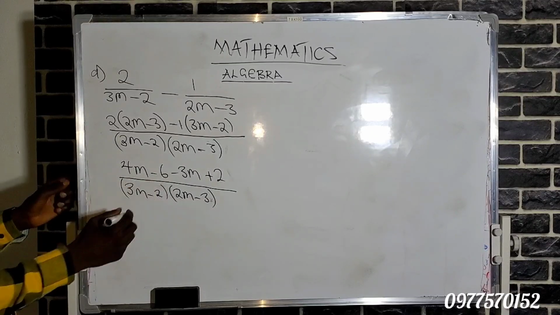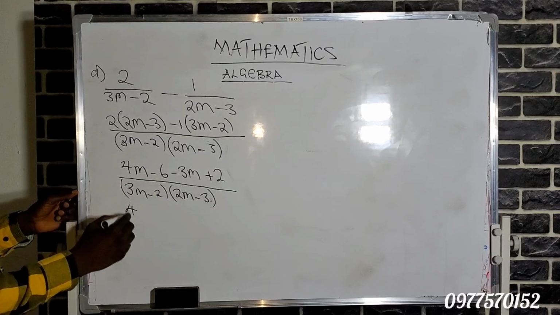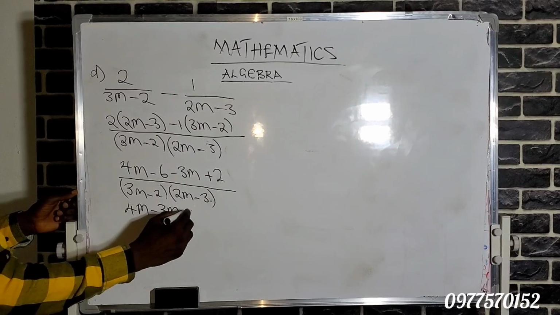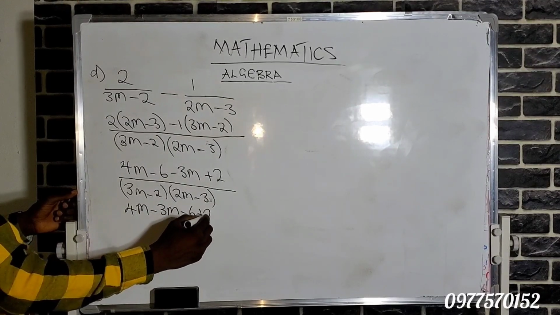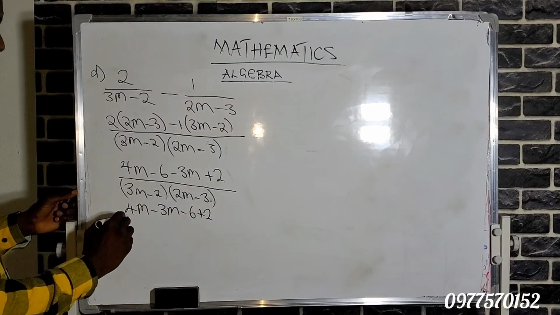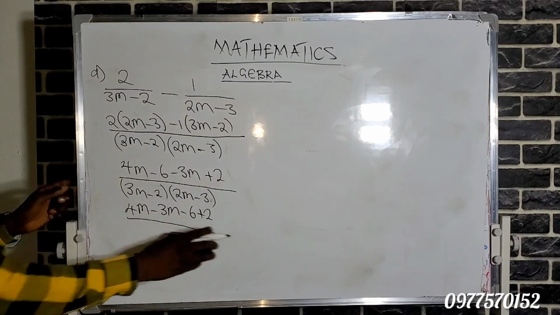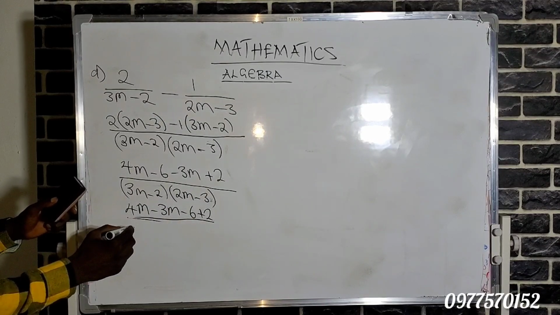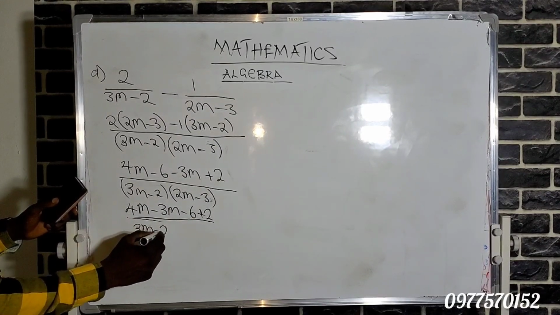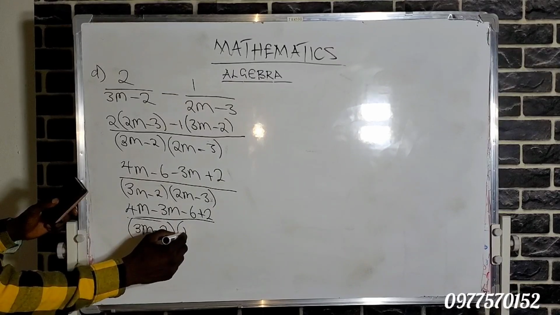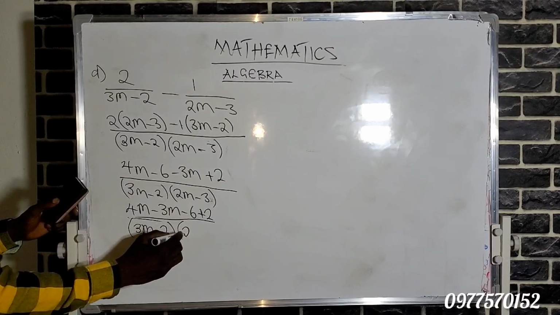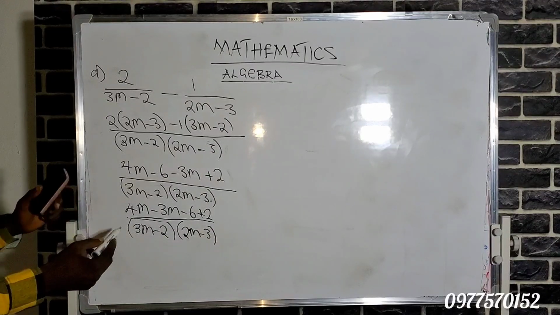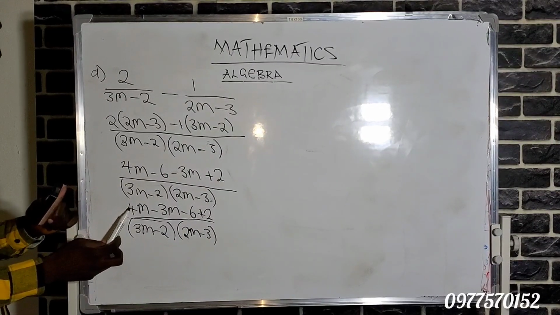We have 4m and -3m, so we're going to group them. We say 4m minus 3m minus 6 plus 2, over the denominators (3m - 2) and (2m - 3). Then finally we can solve here.